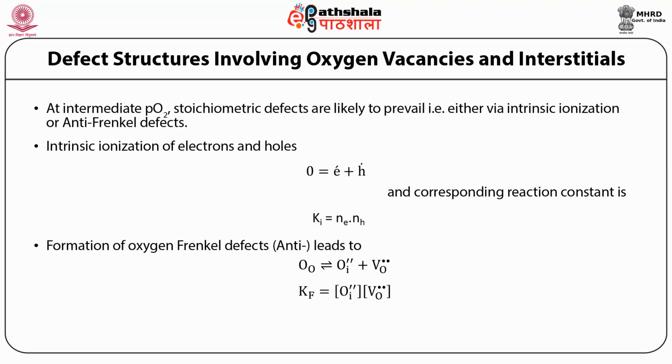So Kf is equal to the concentration of OI double prime times VO double dot. So from the above relations, we can write Kf times Ki square is equal to KVO double dot times KOI double prime. So here Kf is the reaction constant due to Frenkel defects and Ki is due to intrinsic ionization.